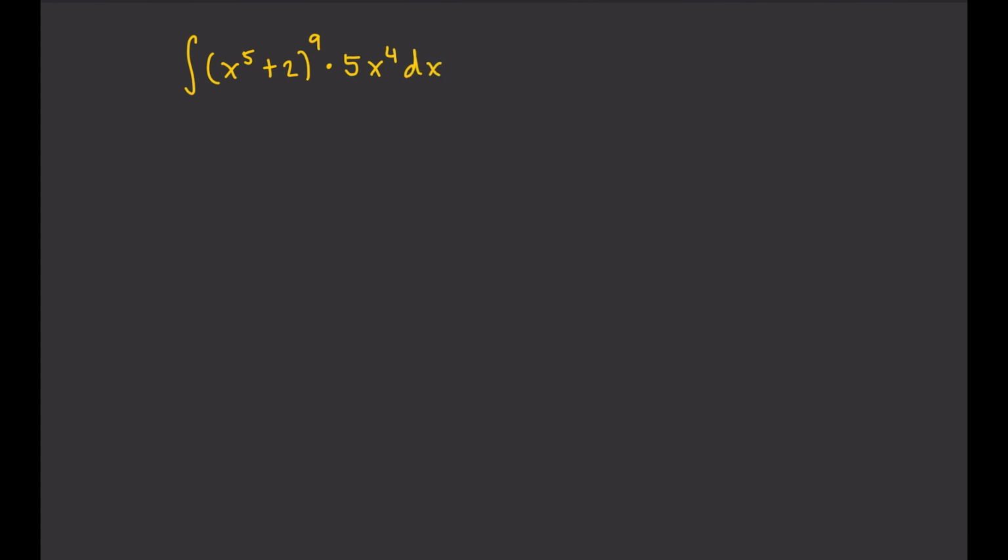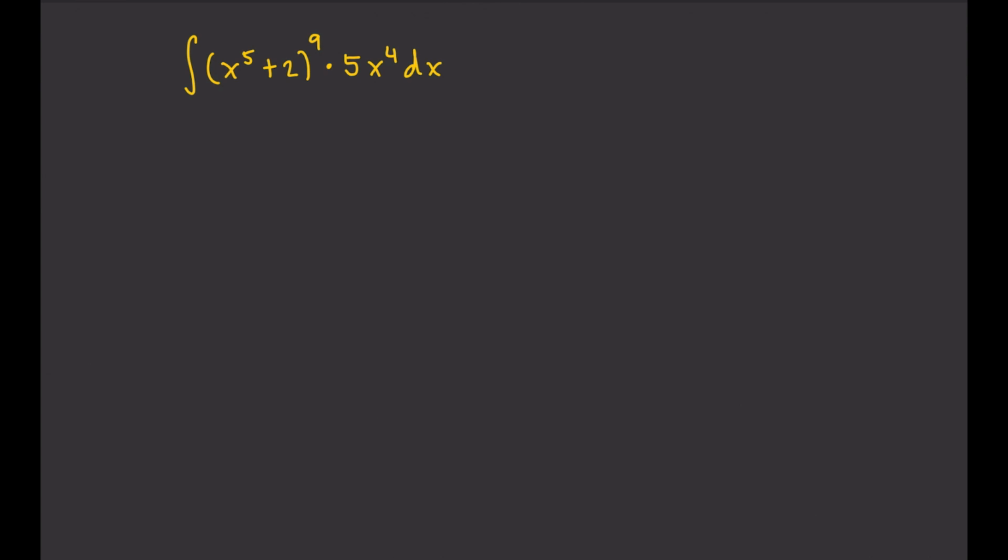Okay, so it's a little bit of a complicated function. The function is this. Clearly, we have not learned how to find the antiderivative of that kind of function. So maybe a substitution will help.